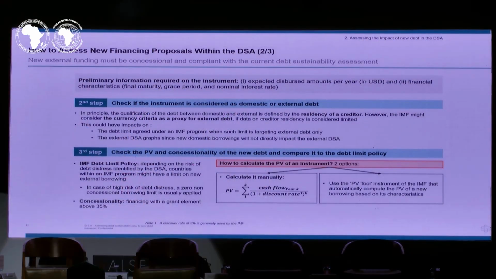Third step is looking at the present value and the concessionality degree of your new debt and comparing it to your debt limit policy when you are under an IMF program. Here we are reminding you of the definition of how to calculate the present value of this new debt. But actually the IMF also has what they call a PV tool that you can download online and that can automatically compute the present value of any new borrowing.